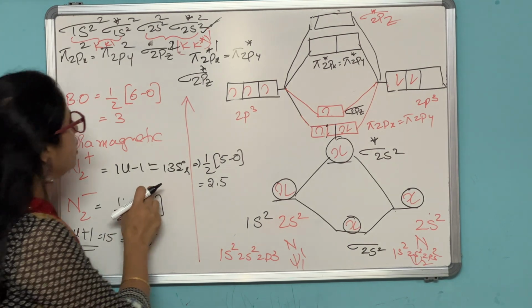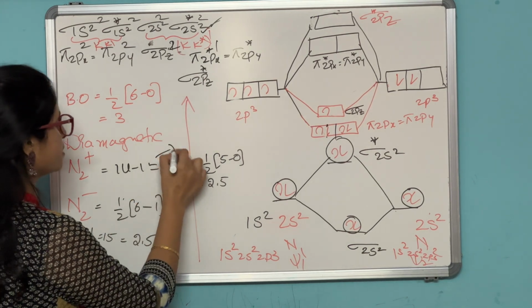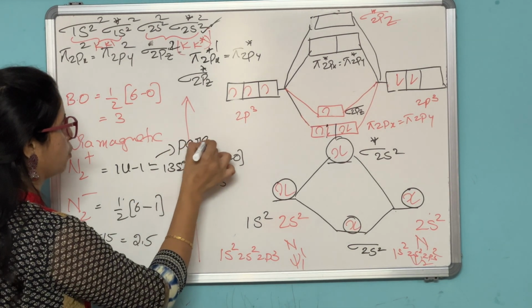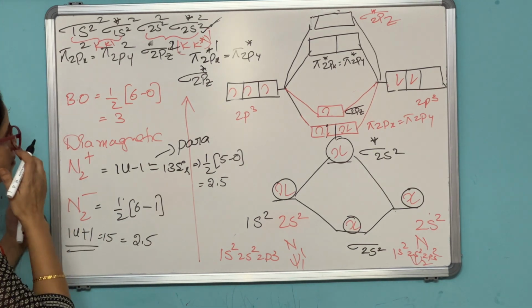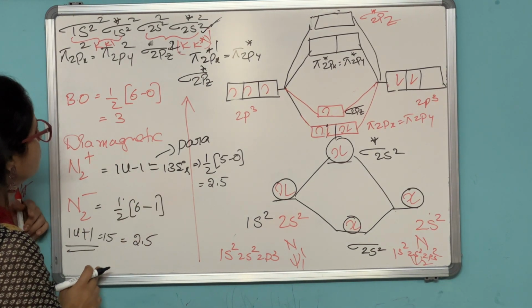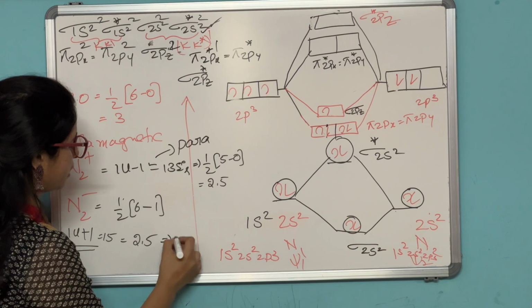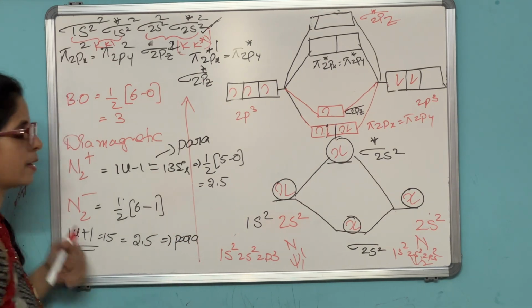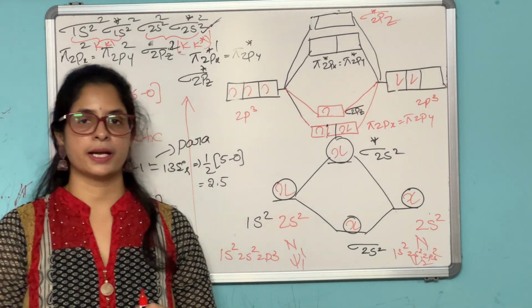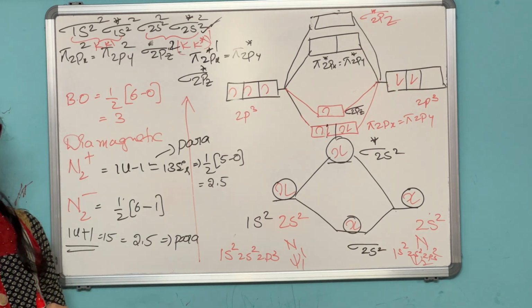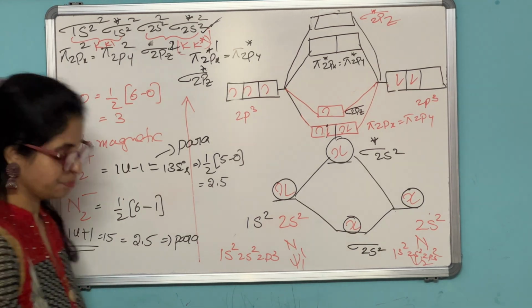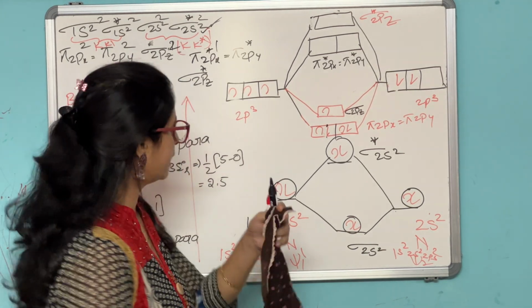N2 plus is paramagnetic with one unpaired electron, and N2 minus is also paramagnetic with one unpaired electron. Both are paramagnetic and both are equally stable. Okay, clear? I'll clear this one.